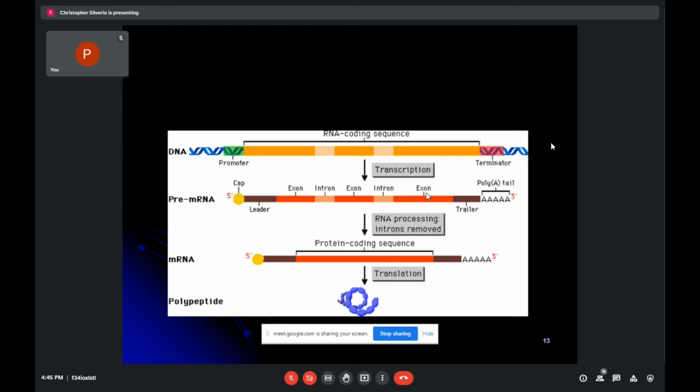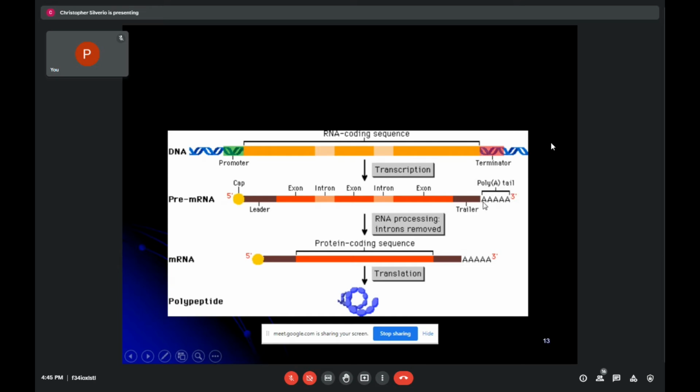So this pre-mRNA has to be processed. At both ends of the pre-mRNA, it has a cap. It has a 5' cap and it has a polyadenylated tail. Polyadenyl, you know the meaning of poly.